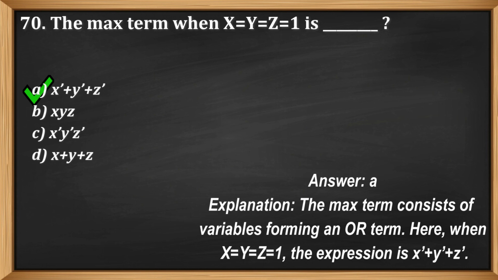The max term when x is equal to y is equal to z is equal to 1 is option A, x naught plus y naught plus z naught.